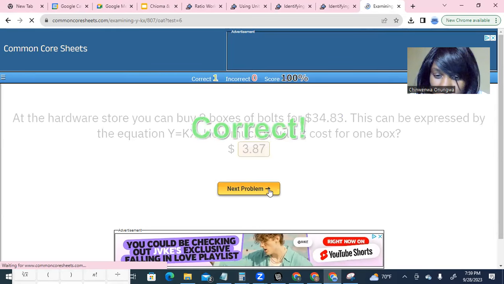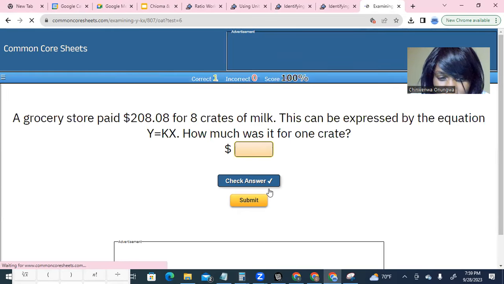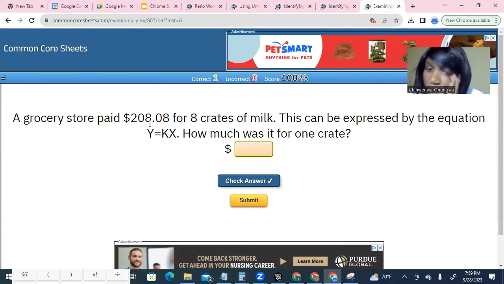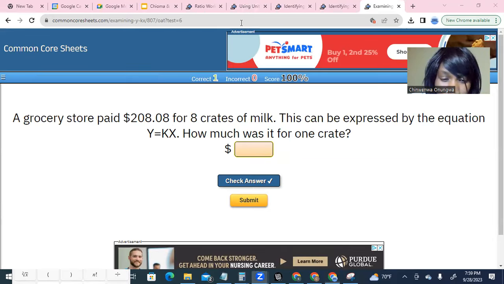Let's do another one. Again, I would just divide 208.08 by 8. So I'll just do this in my head, just to show you, 208.08 divided by 8 to find out how much it will cost for one crate.